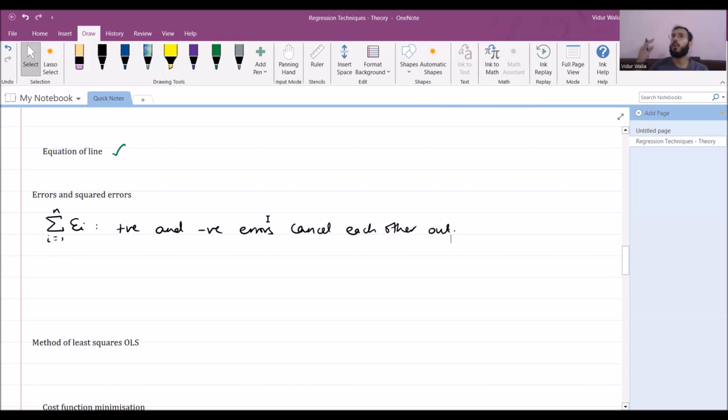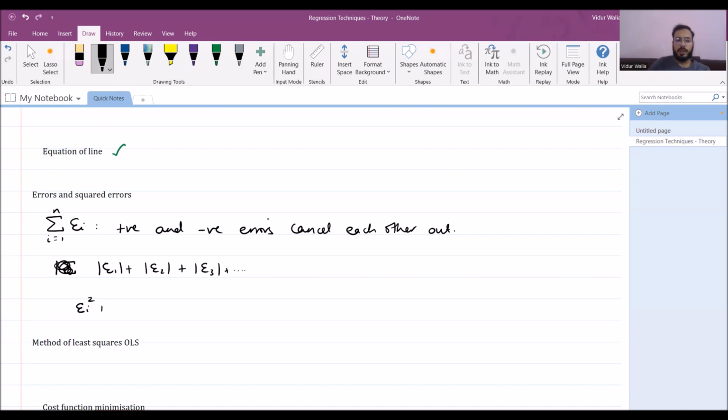Okay, what else could be done? Someone might suggest that we could take the absolute value of epsilon 1 plus the absolute value of epsilon 2 plus the absolute value of epsilon 3, and so on and so forth. In this way, the negative and positive values will not cancel each other out. But consider this proposition.